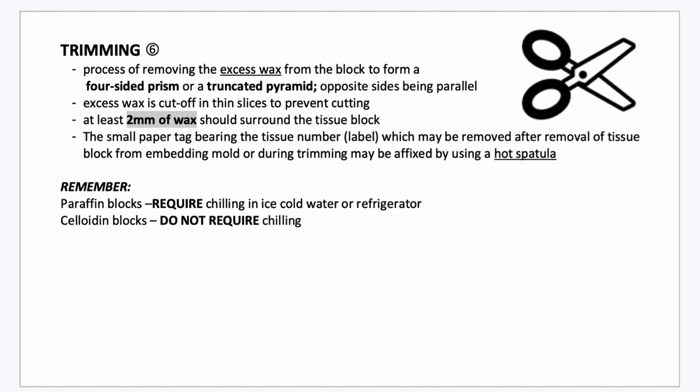Okay, so next we have your trimming. Trimming is the process of removing the excess wax from the block to form a four-sided prism or truncated pyramid. It is like polishing it to become the ideal block.